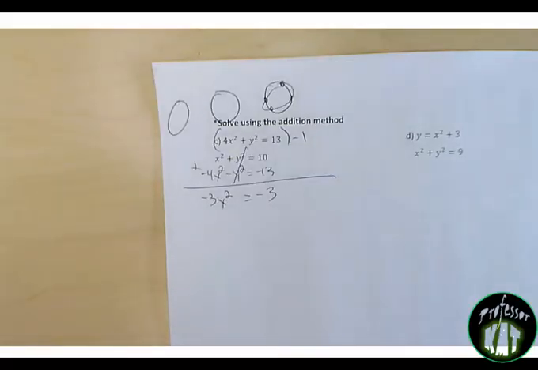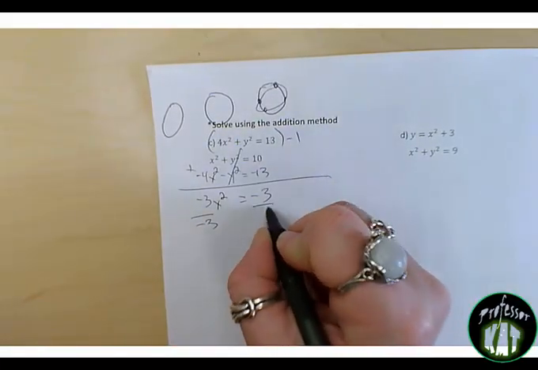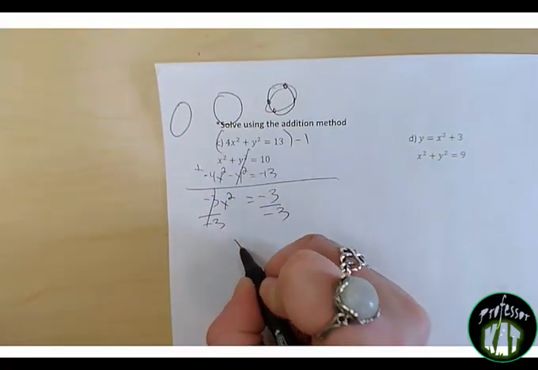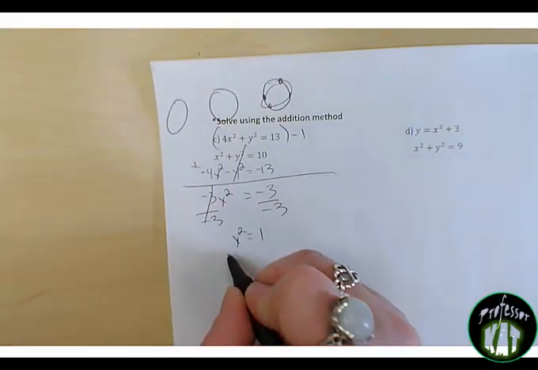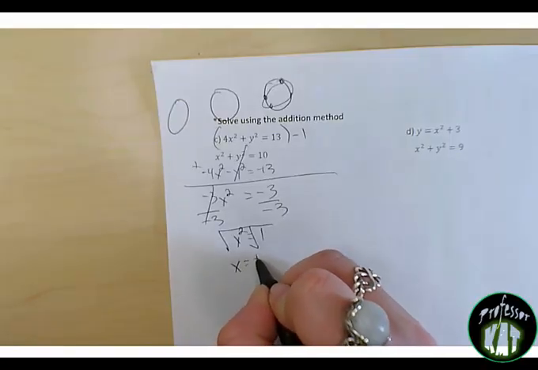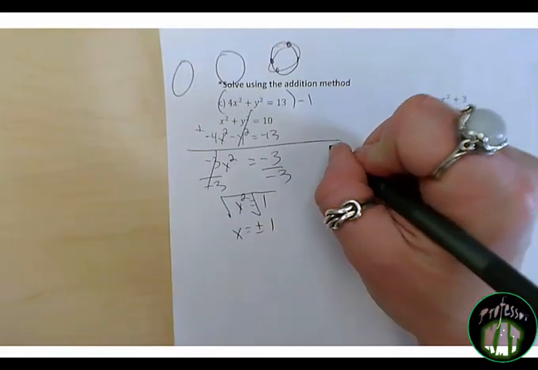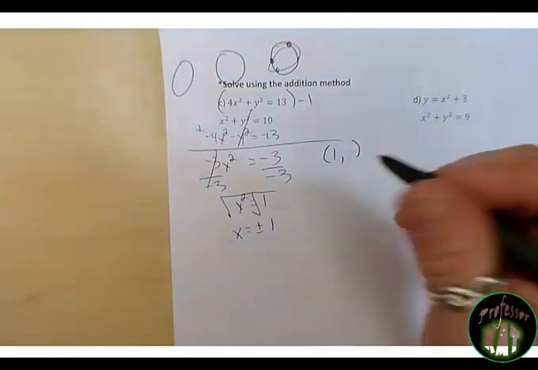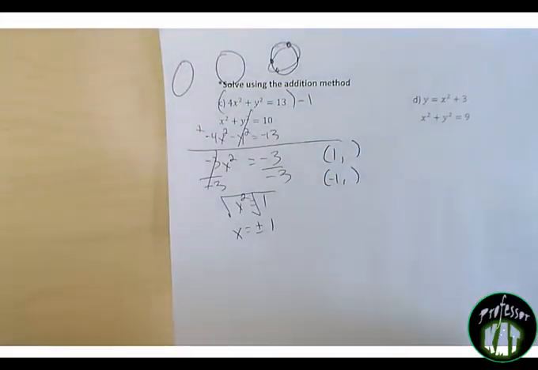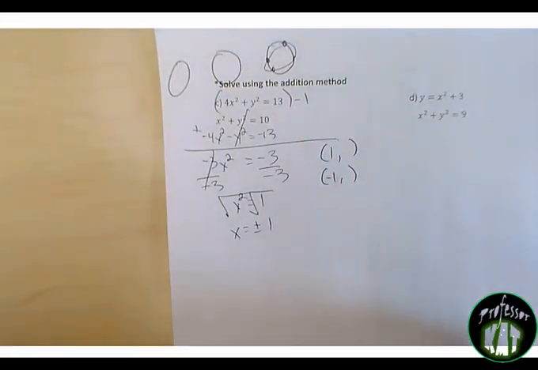Solve the remaining equation. Divide each side by -3, and x squared is equal to 1. Take the square root of each side, and x is equal to plus or minus 1. So based off of those 2 solutions, it looks like x is going to be +1 and x is going to be -1, so 2 separate points.